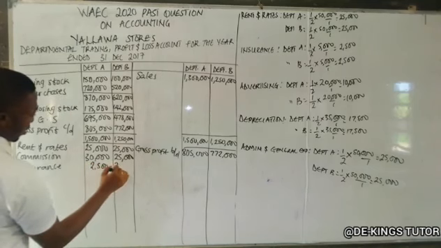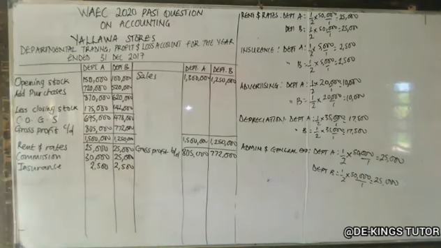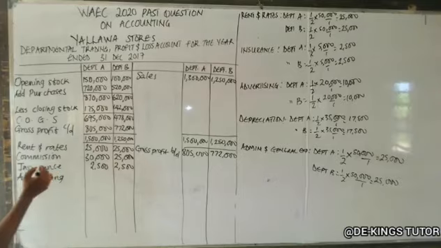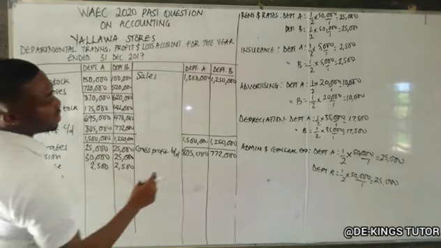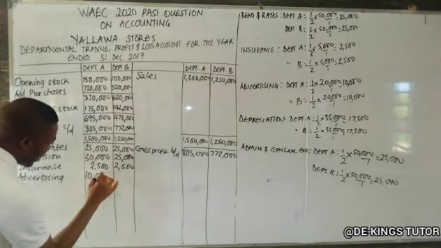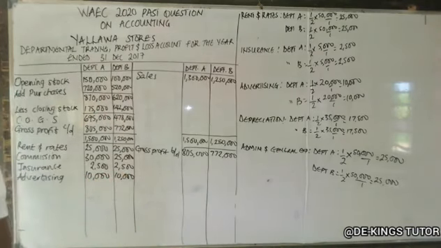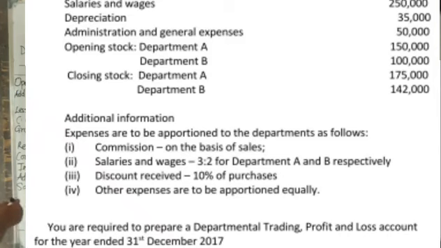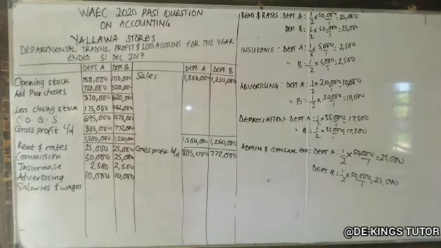So the next one is salaries and wages. We did adjustment also. That was the one we cleaned. So Department A is 150,000, while Department B is 100,000. And the next one is depreciation.